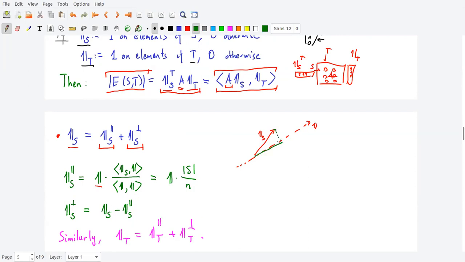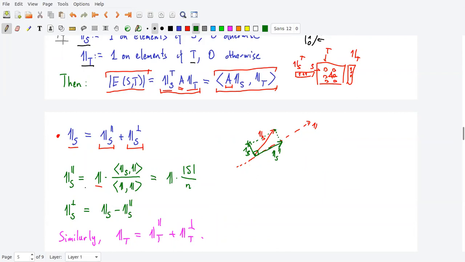One is the projection of this vector on the direction of all ones, and one is the one that is perpendicular. Yes, one S perpendicular. Yeah. So now one S will be decomposed into the sum of those two orthogonal vectors. So how do you actually express this projection?